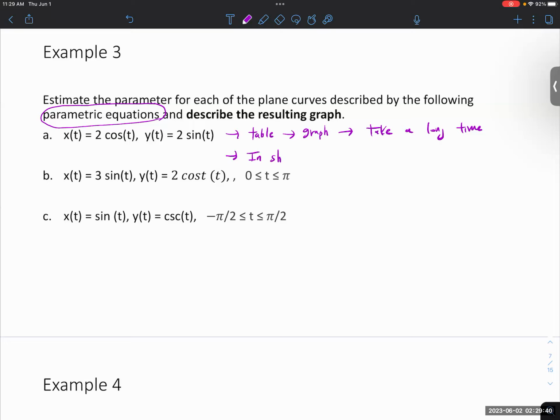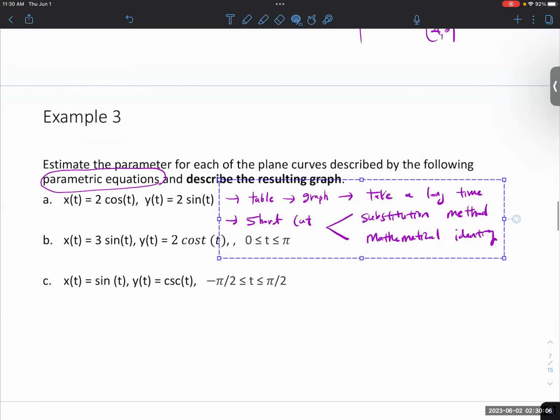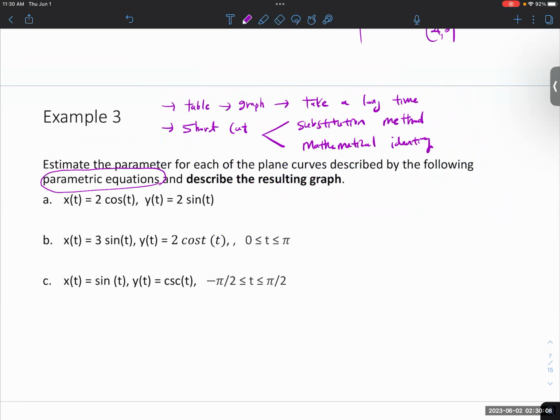So instead of this, we are using a shortcut. In the shortcut, you can use the substitution method as I just showed you in example 2, or we're going to use some mathematical identity. Okay, so I'm going to bring those strategies here. Does it make sense to you? This is a very traditional way.